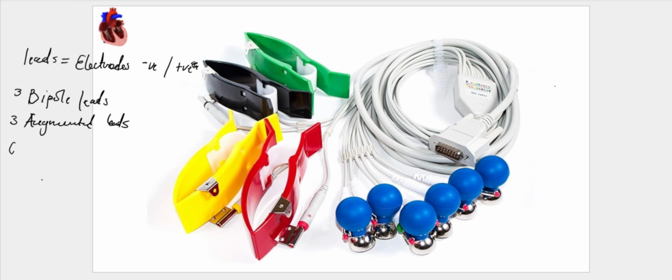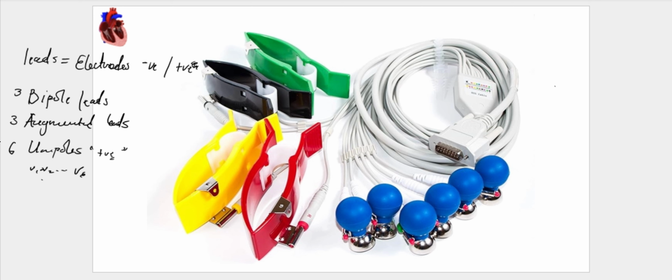And we have the six unipolar leads. This means they have one electrode, mostly the positive electrode. These are now V1, V2, all the way to V6. If you count, this will be 12 leads. The 12 leads should be able to give us different graphs as we anticipate in the ECG.